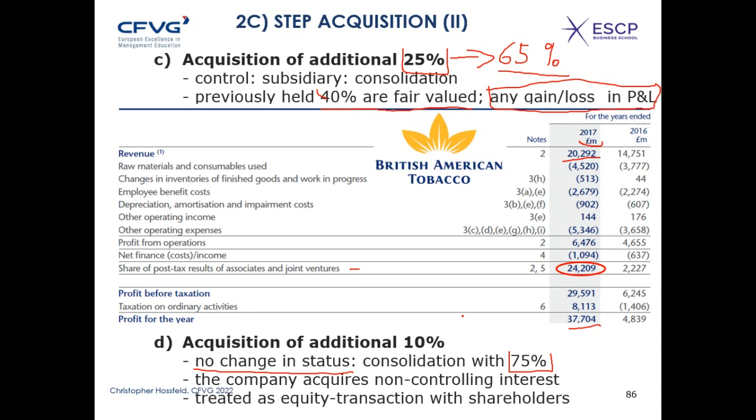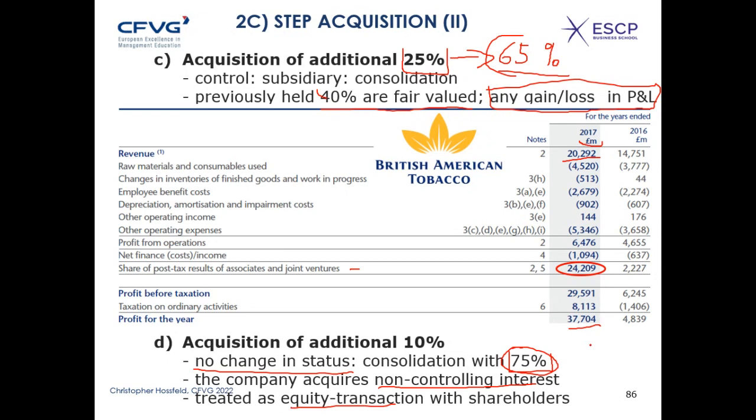But what changes obviously is the non-controlling interest. Before I had 35% non-controlling interest, now there's only 25%. That means this is a transaction where I buy non-controlling interest. And that means it's an equity transaction, because non-controlling interest is part of equity.